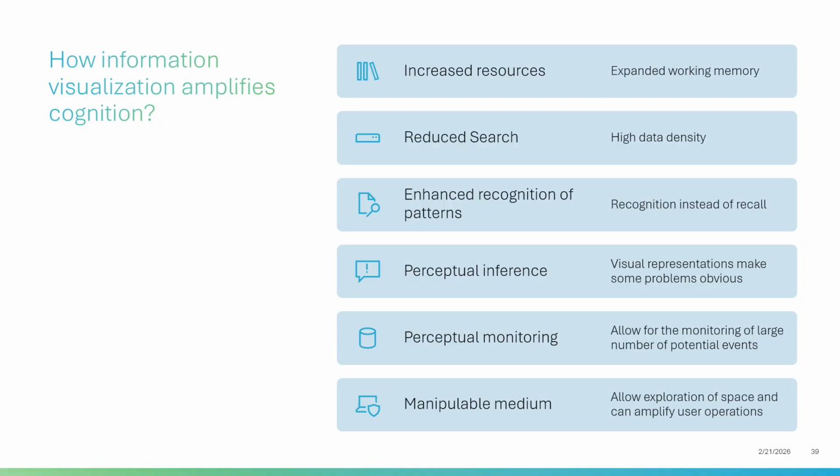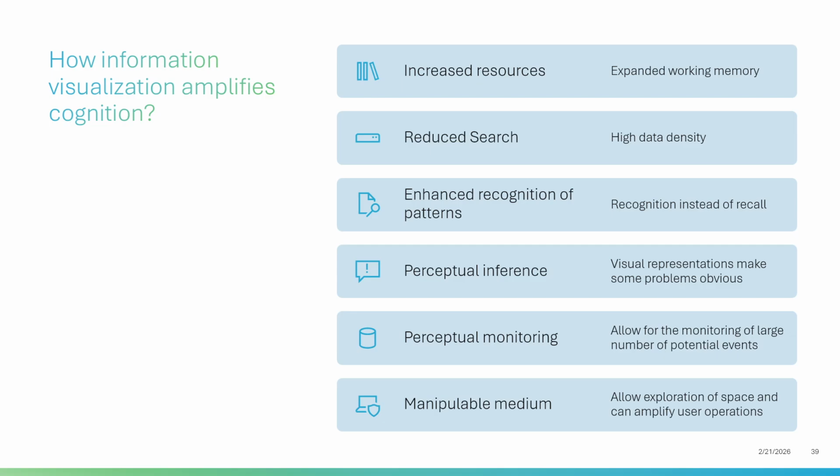We can have perceptual inference because visual representations make things obvious sometimes. And even if you have small differences, when you modify the scale, you can amplify those differences and zoom in if it's necessary to transmit the message. We can also have perceptual monitoring, which is basically monitoring large numbers of potential events in a single element.